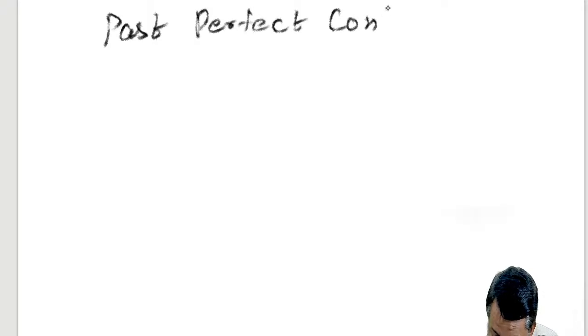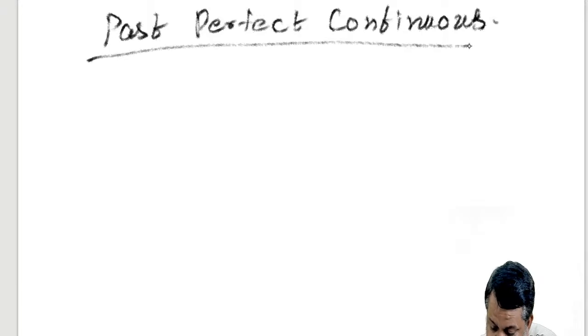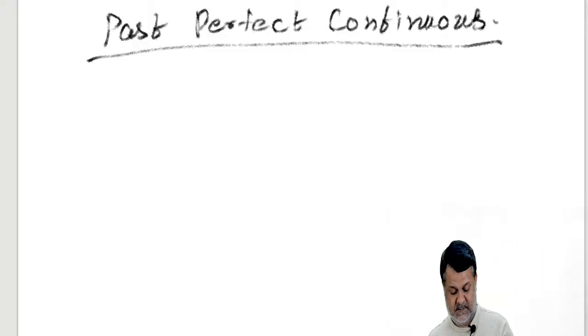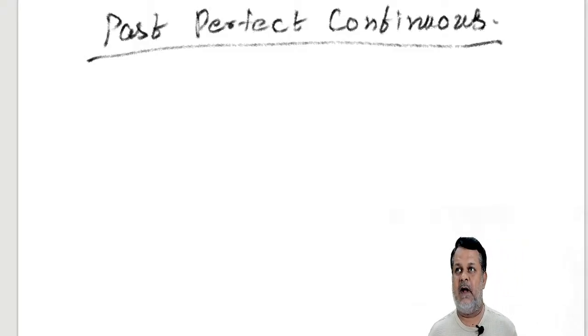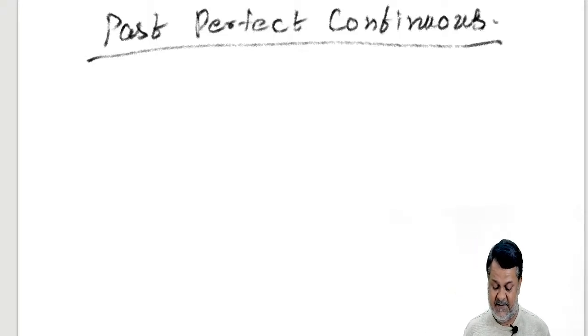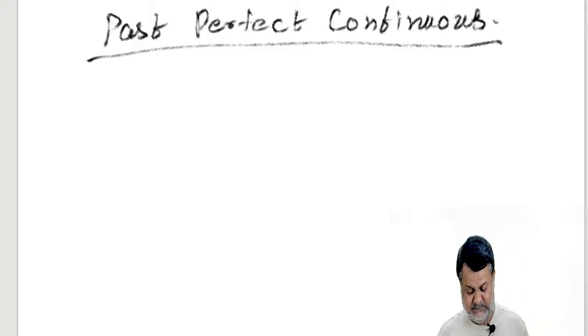Now comes past perfect continuous. So this is used, unlike the present perfect continuous, past perfect continuous, we use it to describe an activity that happened over a period of time up to a particular time in the past.